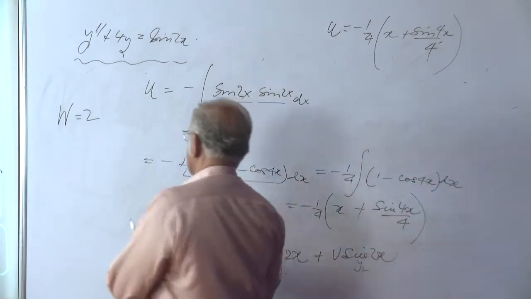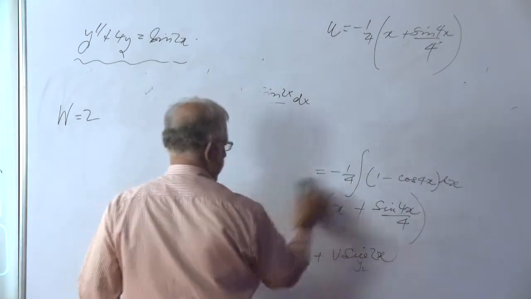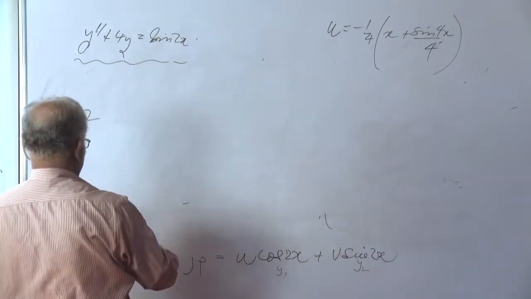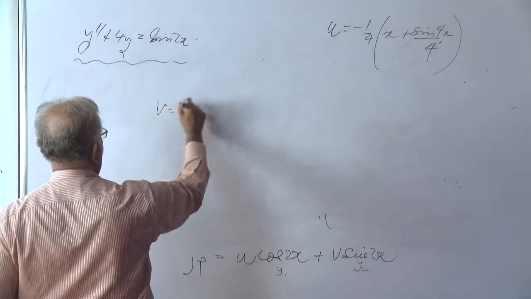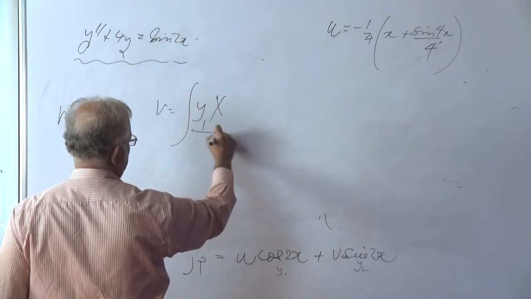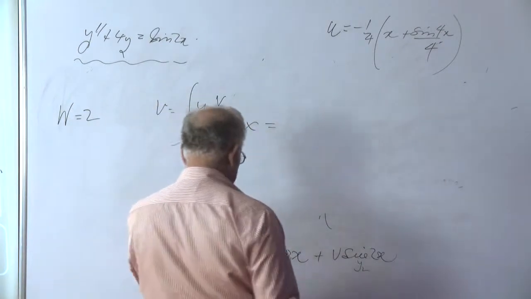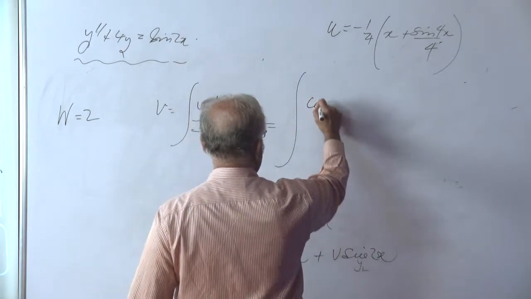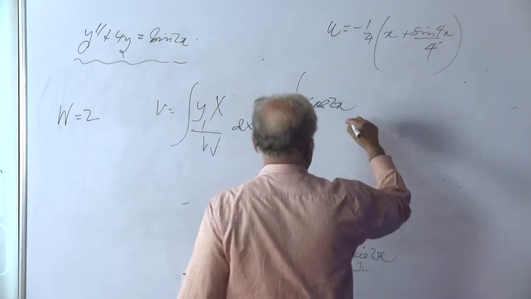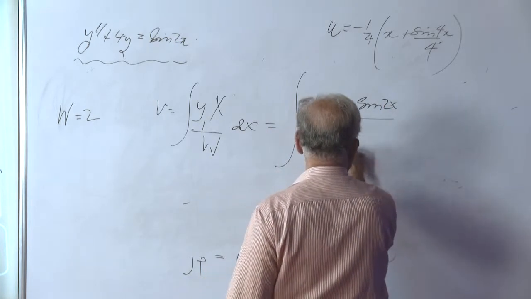We now get the value of v. In like fashion, the value of v is integral y1 times X over the Wronskian dx. y1 is cos 2x, X is sine 2x, and the Wronskian is 2.